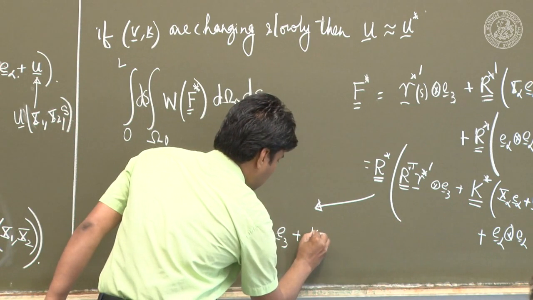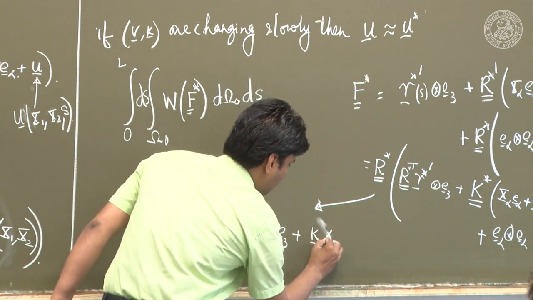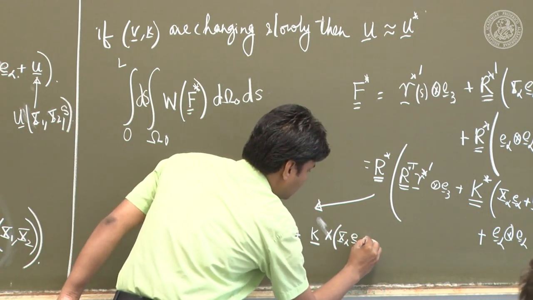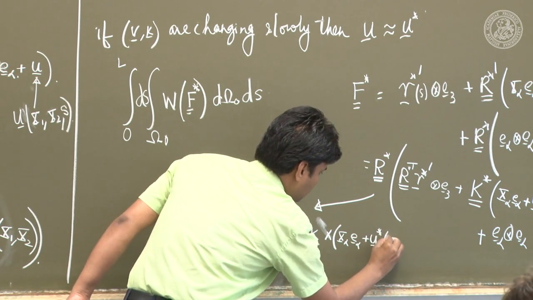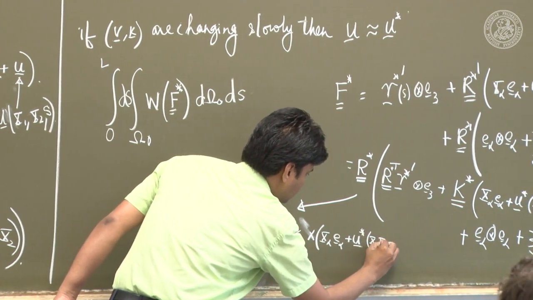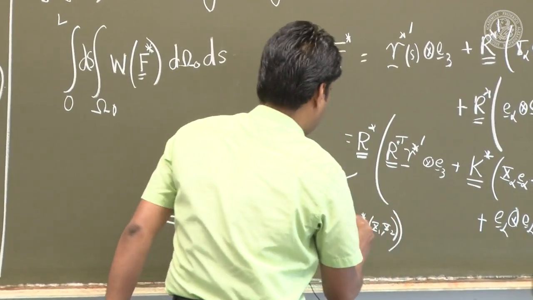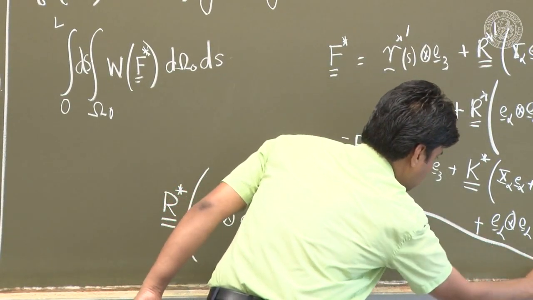So you get a K star, sorry, K cross X alpha E alpha plus U star of x1 x2, okay, I have to get some space.